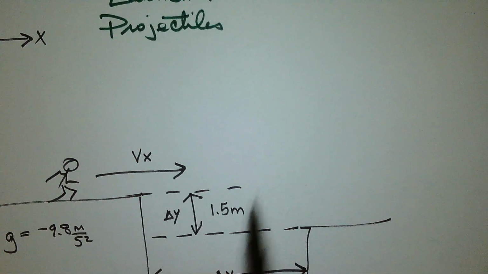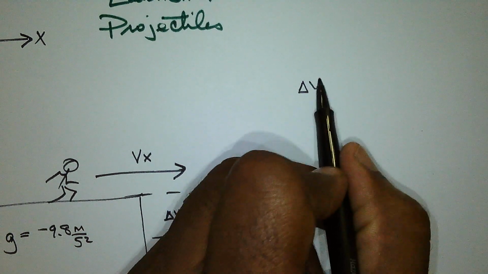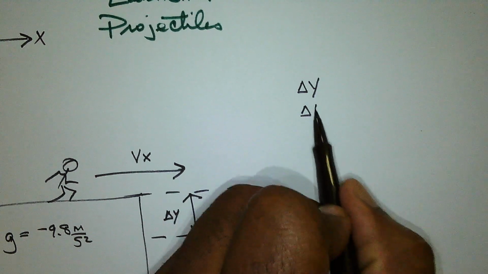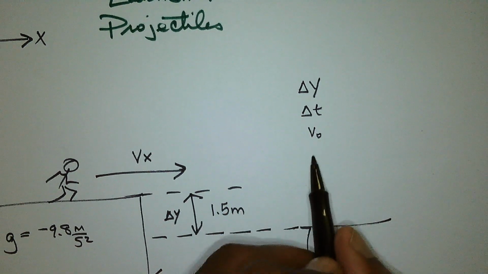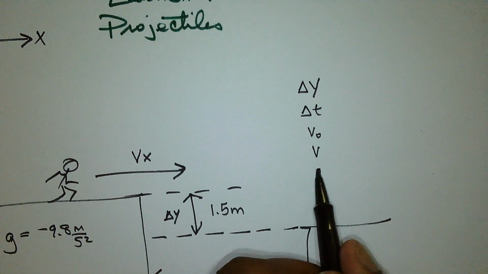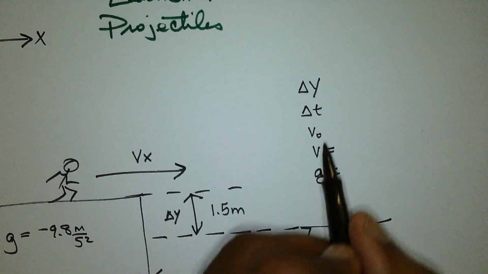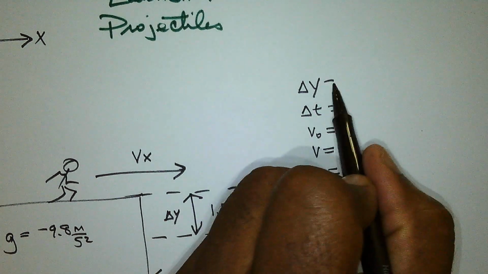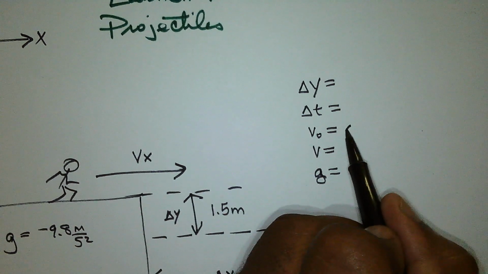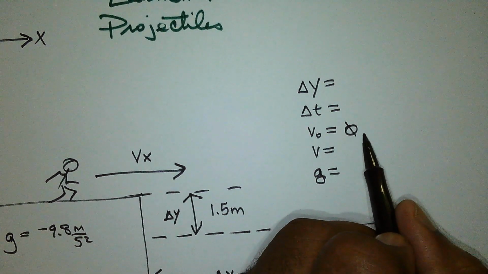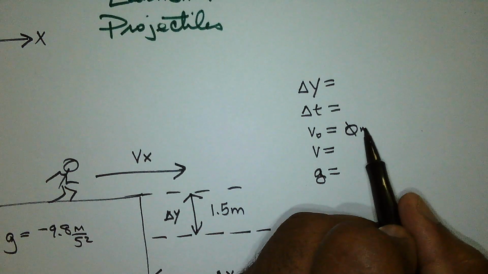So here we go. Delta y, delta t, v naught, v and a, but we can say g. Okay? Now, we know that the initial velocity on the y-axis is 0 meters per second.